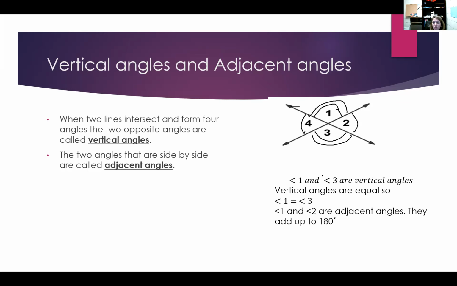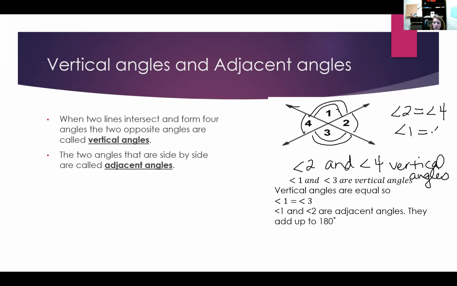Also angle 2 and angle 4 are vertical angles. What that means is that these angle measures are going to be equal. If they're vertical angles, they're going to be equal, okay? So angle 2 is equal to the same measurement as angle 4, and angle 1 is equal to the same measurement as angle 3.